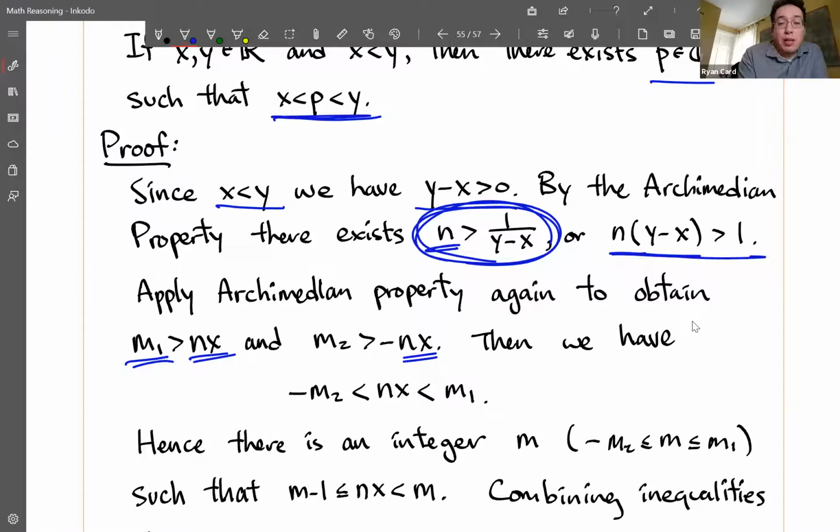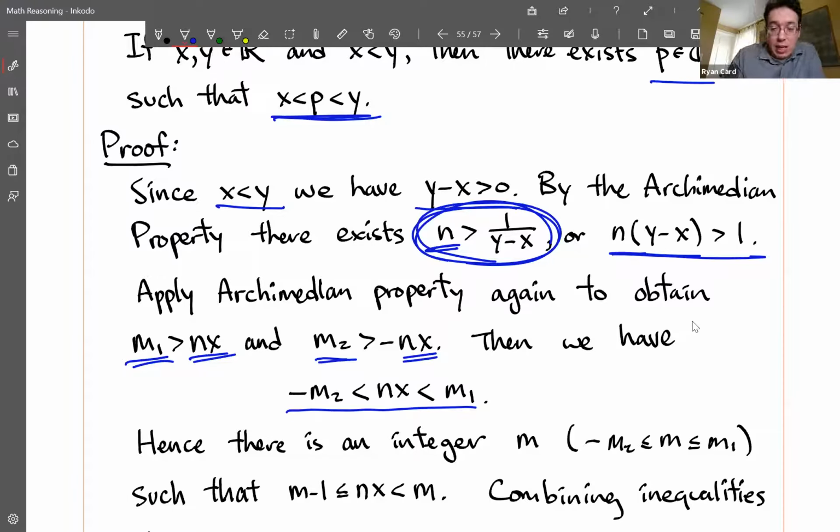And we can also find m2 that's greater than negative nx. Right? So I just want to pinch the nx from both sides with two natural numbers. So that's another way to say negative m2 is less than nx, which is less than m1.